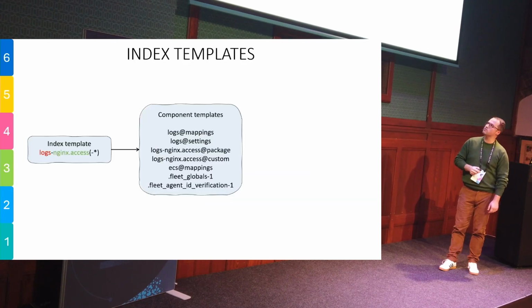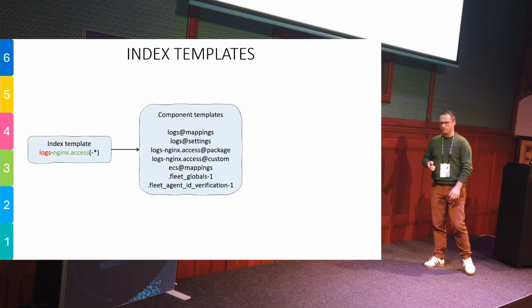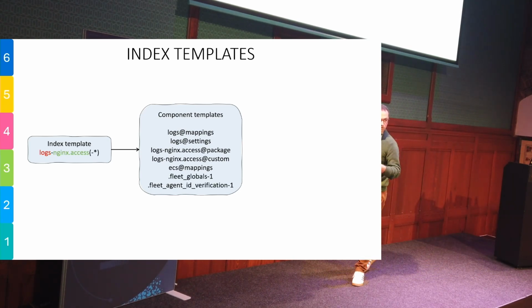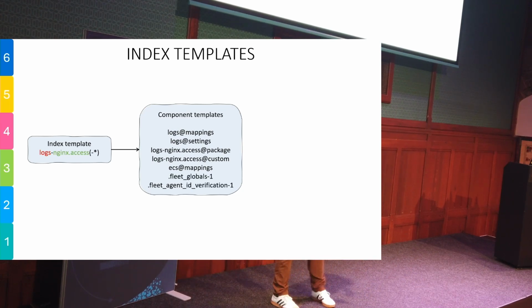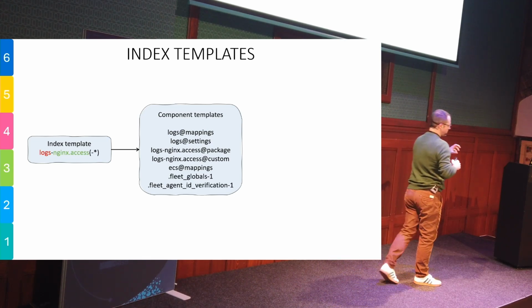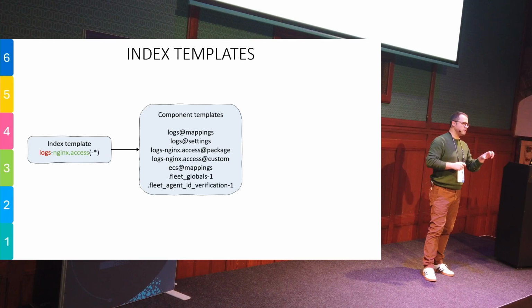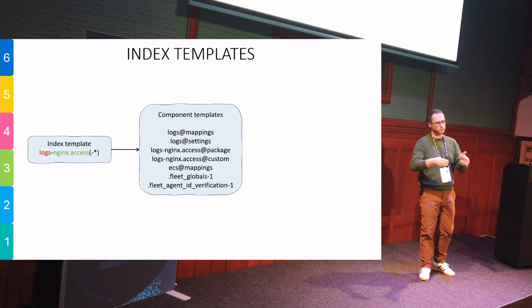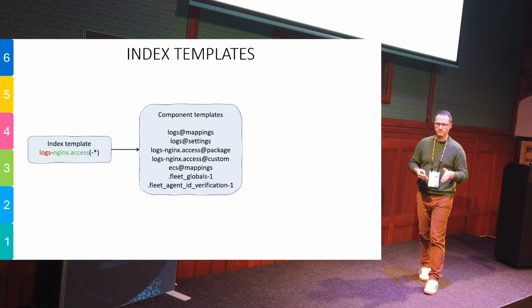Templates. This is a harder topic than I expected. Templates are blueprints that get matched. So when something gets written into Elastic, for example, logs Nginx access in this case, Elastic will take a blueprint from the index template with all the fields, all the types, and it will put them into the index.